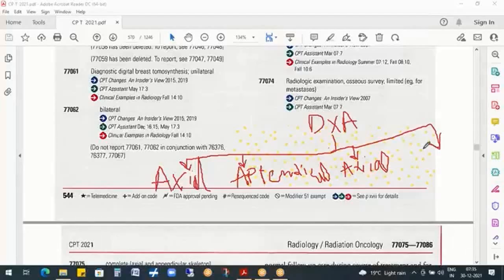Now write down: DEXA means dual energy X-ray absorptiometry.